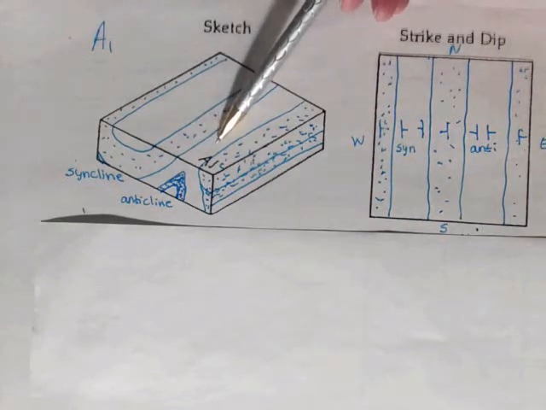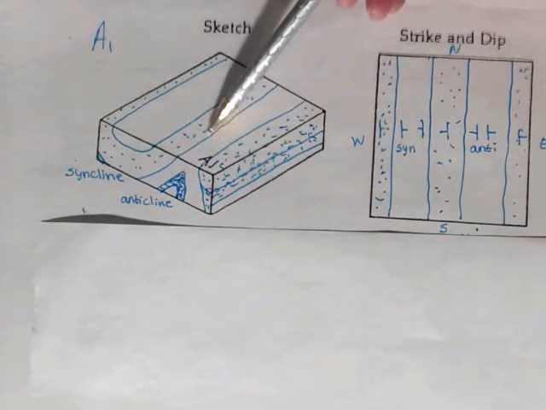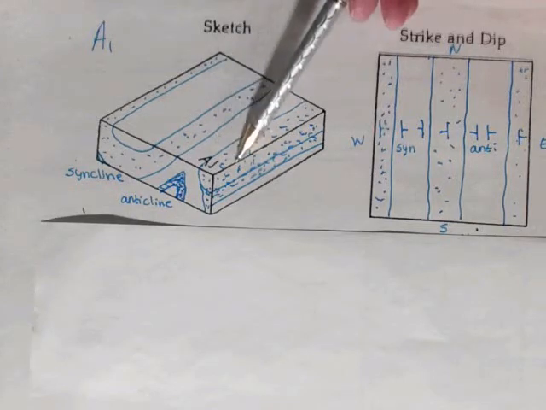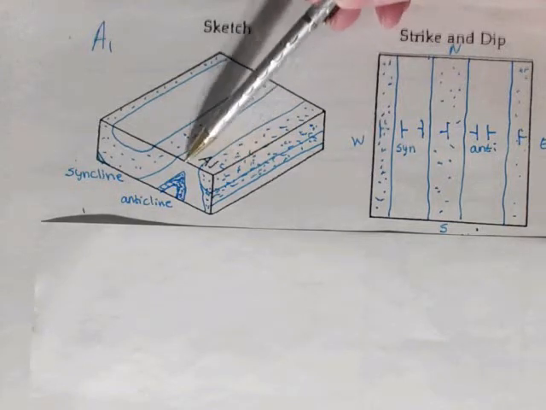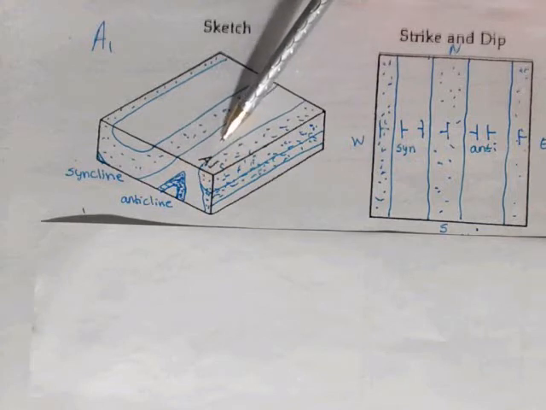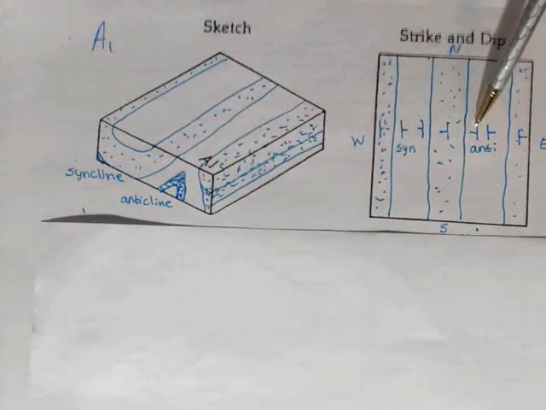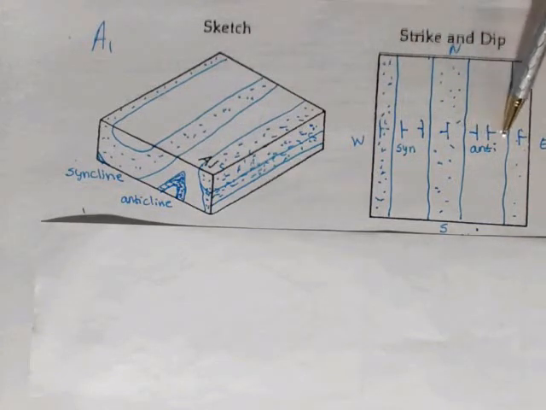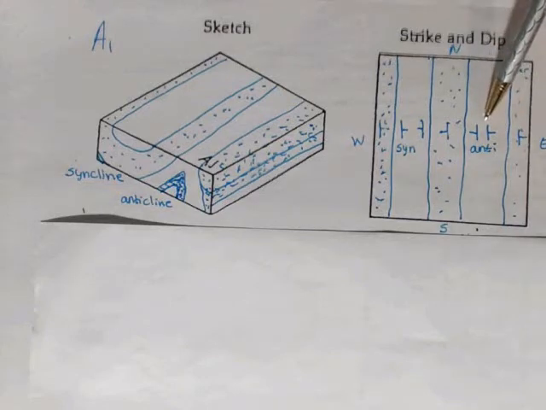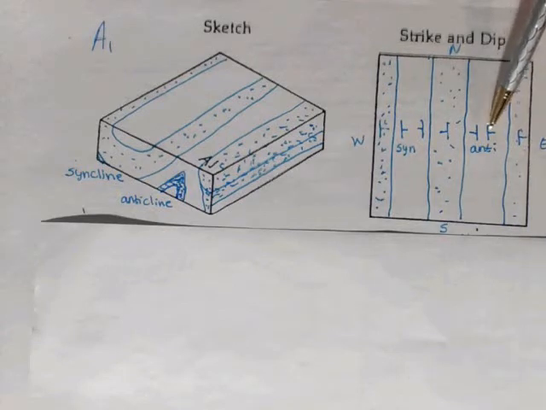Pretend we have a water hose. Water's going to run off that way, and it's going to run off that way, both downhill. This is the top of a hill. And so that's why the dips are away from each other. That signifies an anticline, that you're at the apex, the top of the arch. Two strikes and the dips go outward, away from one another.